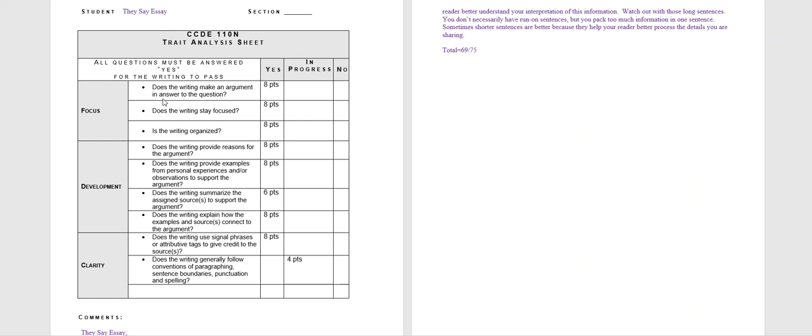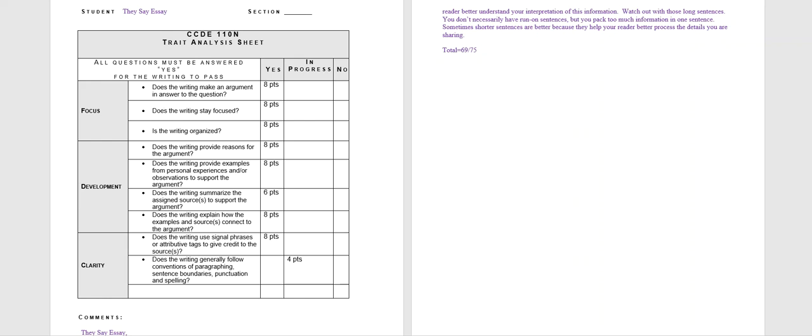Does the example that they provide show what point they're trying to make? Do they explain how that example shows importance and connects back to the argument that they're trying to make? So just explain how that writer is making sure that they're focusing on one idea.